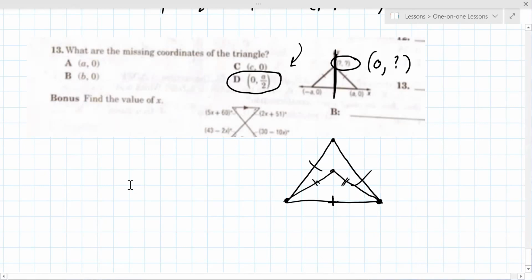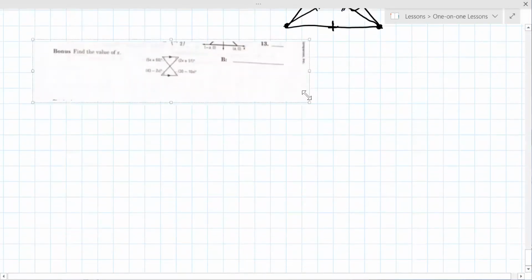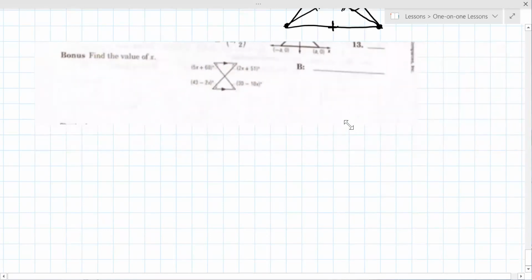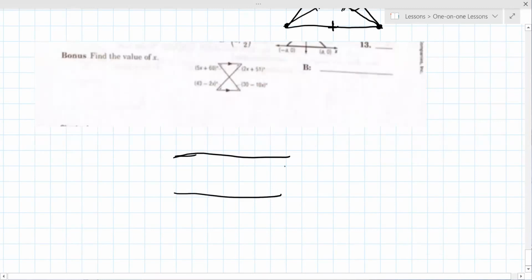Do you want us to go through the bonus? That'd be great if you could. Okay. One of the things that is a little bit hard to see are the numbers, because you have two parallel lines here. This first one is a transversal.